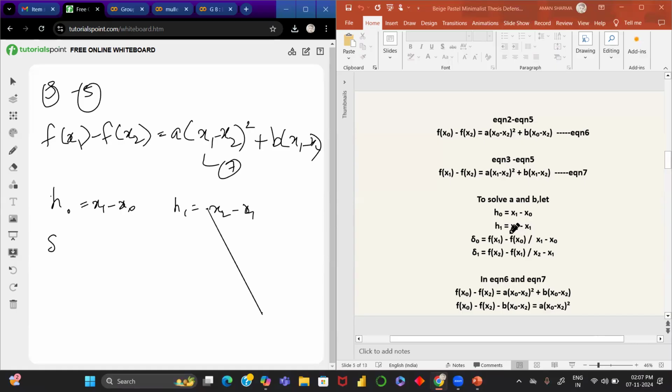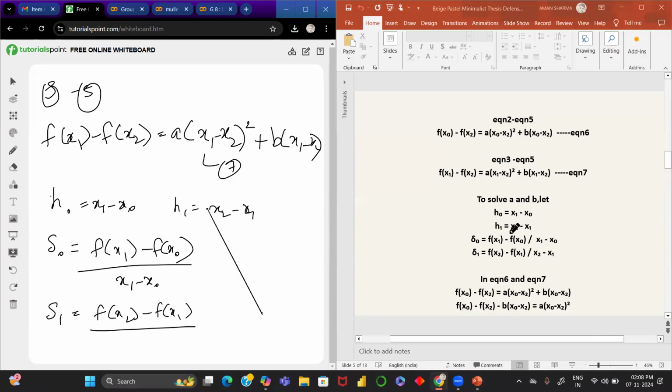And also we define the slopes: delta0 = (f(x1) - f(x0)) / (x1 - x0), and delta1 = (f(x2) - f(x1)) / (x2 - x1).